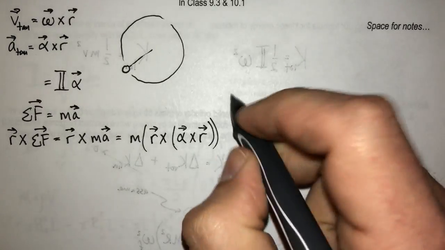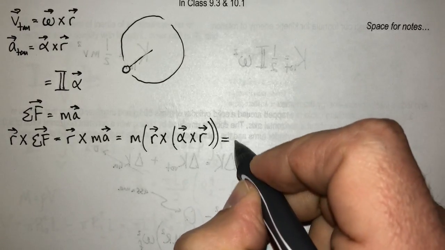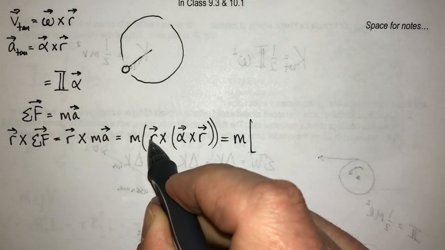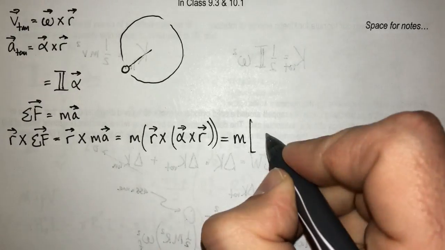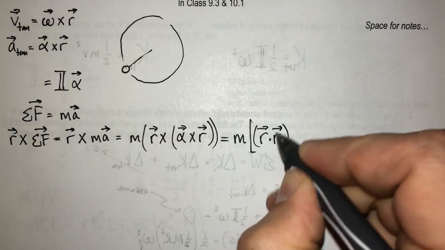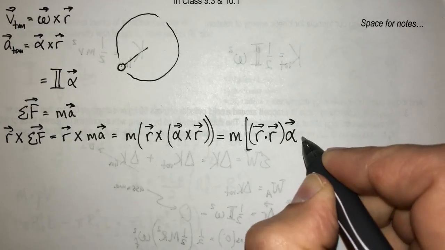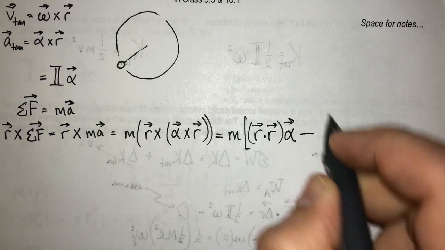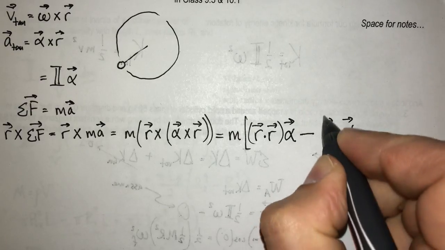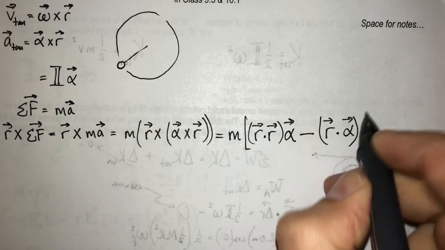It can be shown, which is how the textbooks say it all the time, that this is equal to the first thing dot the last thing, which yields a scalar result multiplying the middle thing, minus the first thing dot the second thing, a scalar result multiplying the third thing.